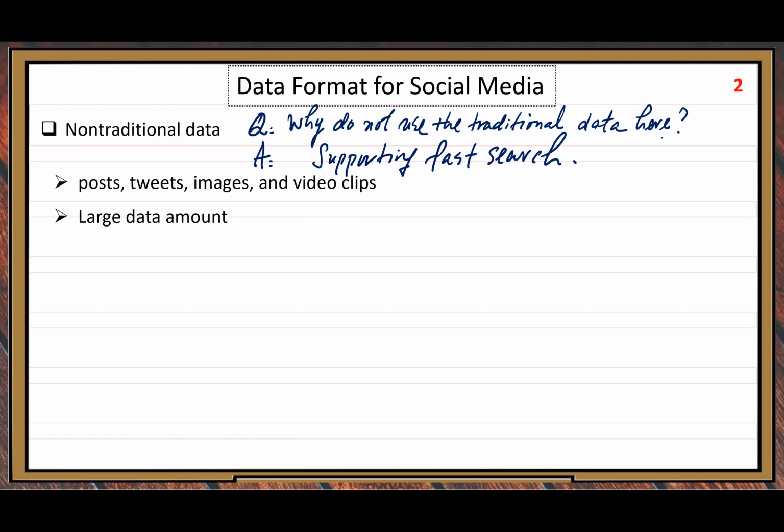They want to find information immediately without any delay. That kind of requirement, traditional data does not support. So a new type of database is needed for that important requirement.